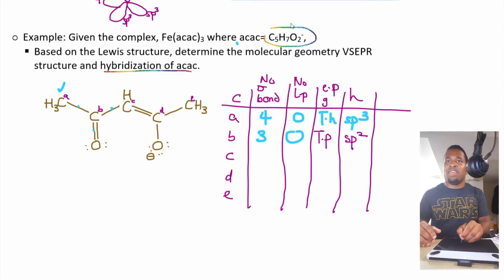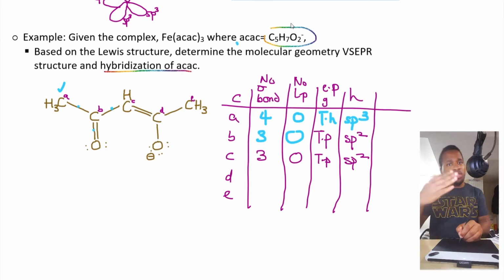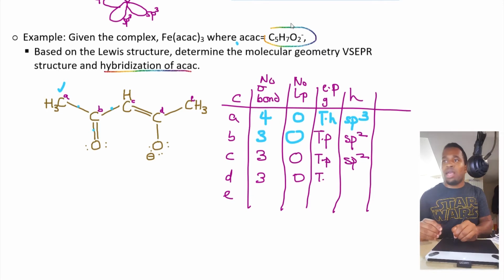And then for C, the same thing is applicable. We have 3 bonds with 0 lone pairs, and the electron pair geometry is trigonal planar and sp2 hybridized. And then for D, the carbon here has a double bond, which is considered to be a single bond, and then we have 3 bonds in total. The number of lone pairs is 0. We have trigonal planar and sp2 hybridized.